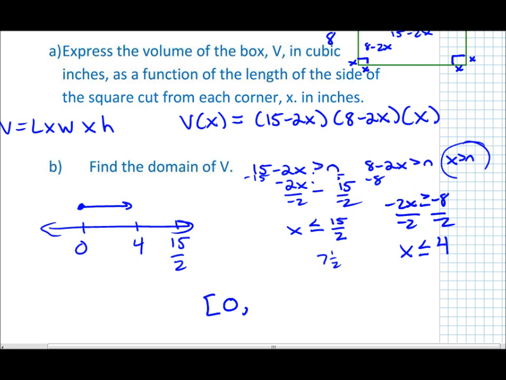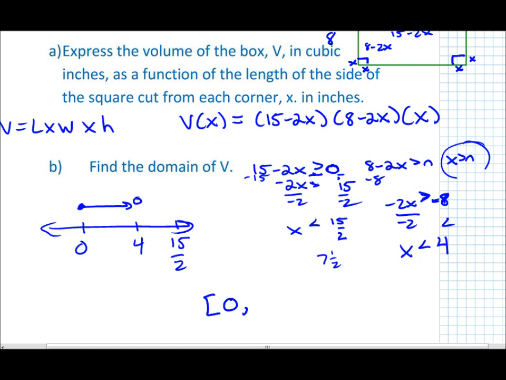You have to actually have a length for the box. So let's take away these equal signs here. So it's going to be less than 15 halves and less than 4.